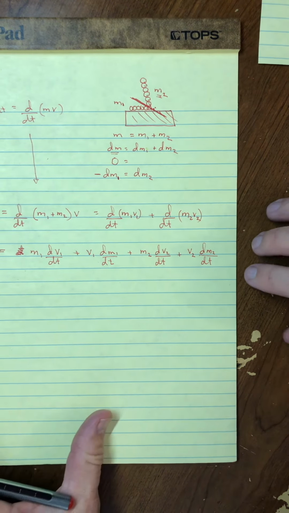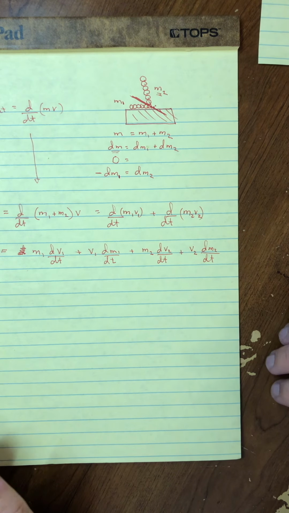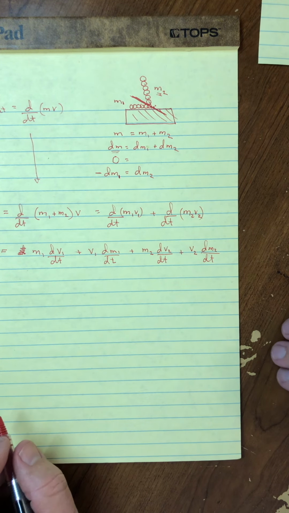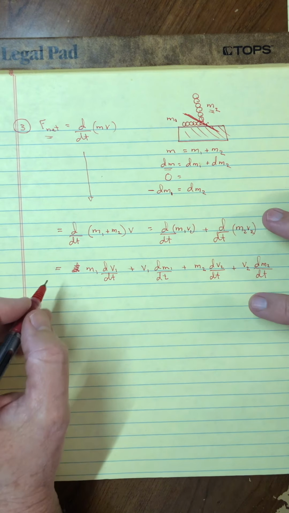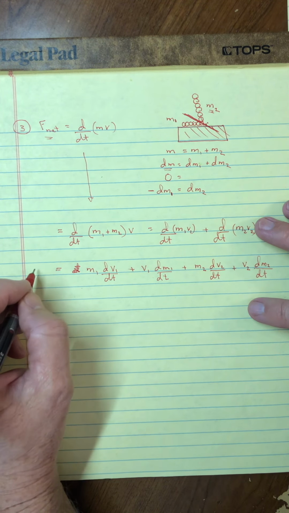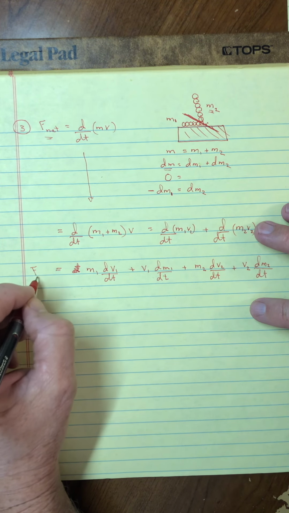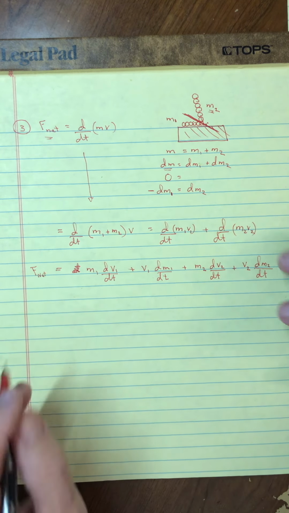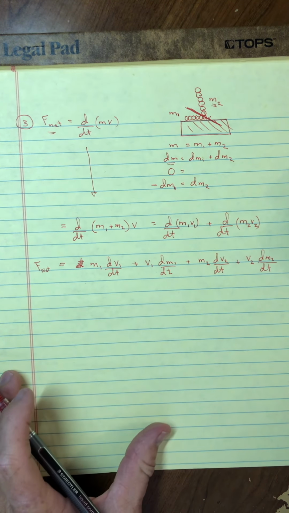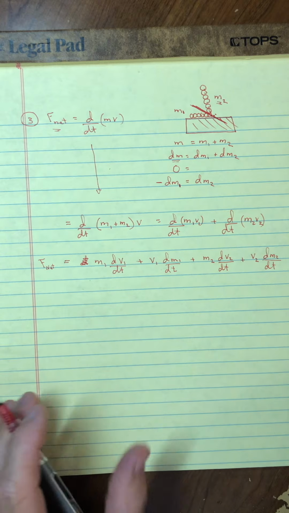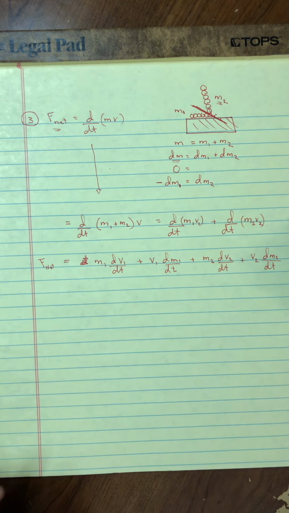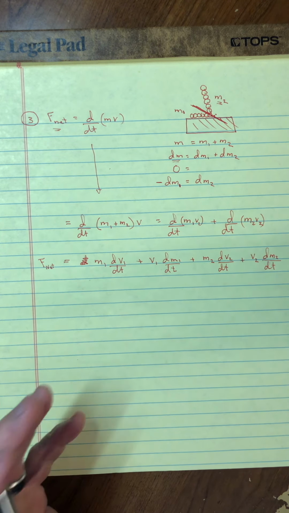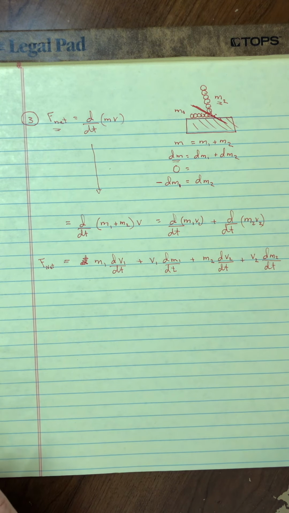Okay. And this is kind of that main point here. So maybe I should write this as net force. Okay. Where net force, of course, is all the forces on the object here.